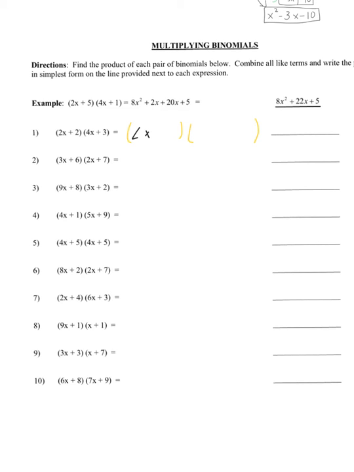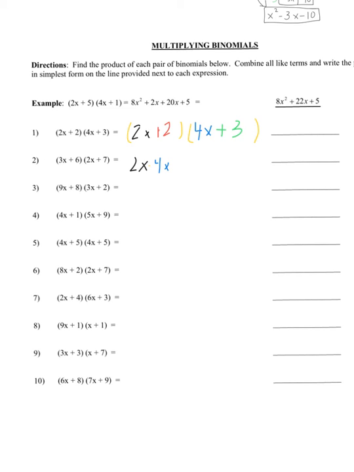So we have 2x and +2, and then 4x and +3. So we're going to multiply the first terms together, 2x times the 4x.